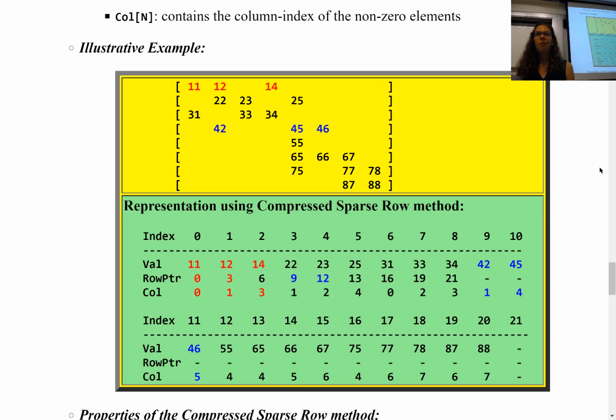So what are some benefits and or pros and cons of this approach? Valentin? I think when you are trying to look for non-zero elements of that matrix, you don't have to go through all the elements.